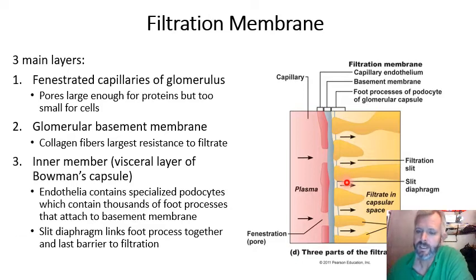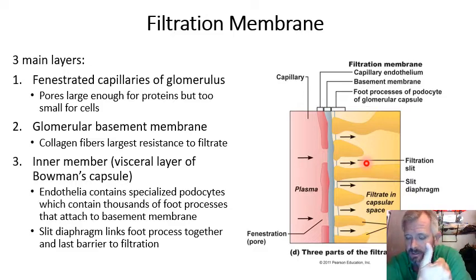Okay, so for any components of the blood to get into the Bowman's capsule, it has to travel through this filtration membrane. It has to make it through these fenestrations and then through the filtration slit. All right, so this limits what can actually get filtered. What we'll see is there will be no large things.